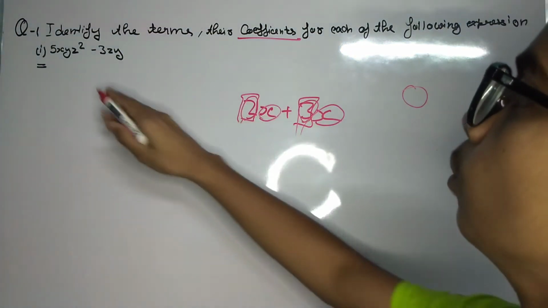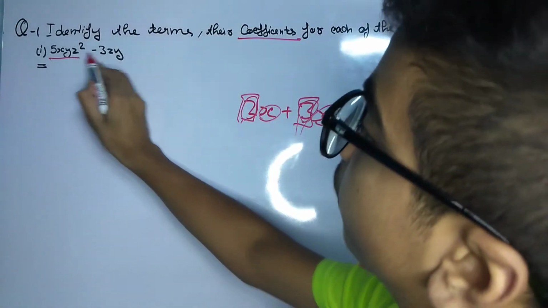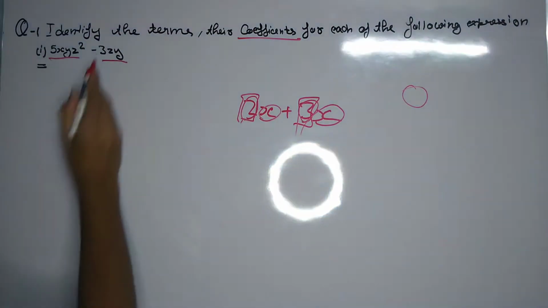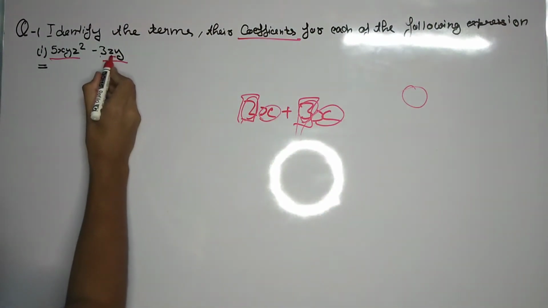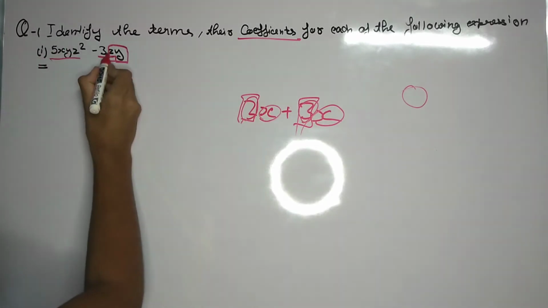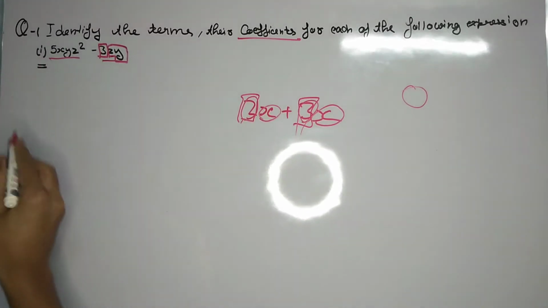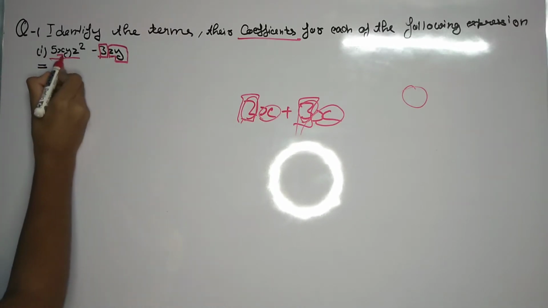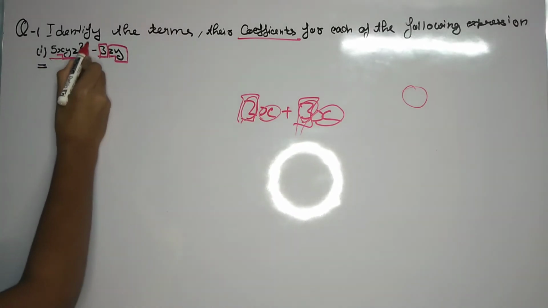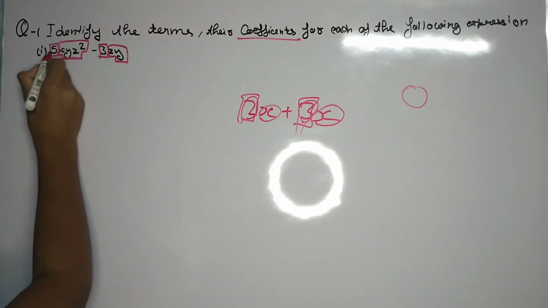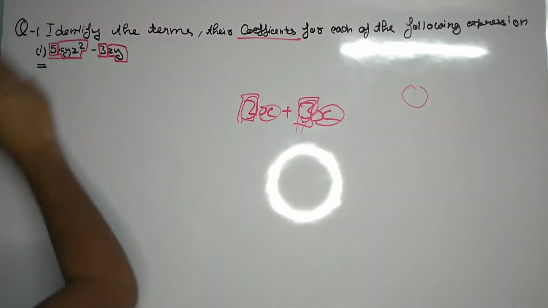So we need to write here the coefficients of 5xyz square minus 3zy. In this, zy is our variable, then 3 is our coefficient because it is coming before the variable, and here we have xyz square as our variable, then 5 is our coefficient because it is coming before a variable.